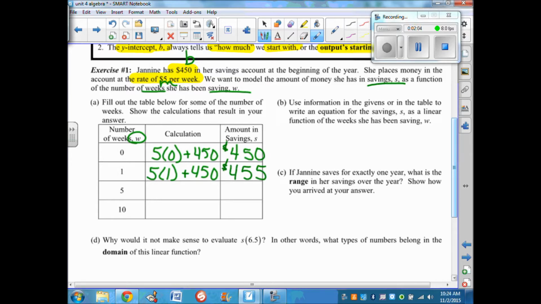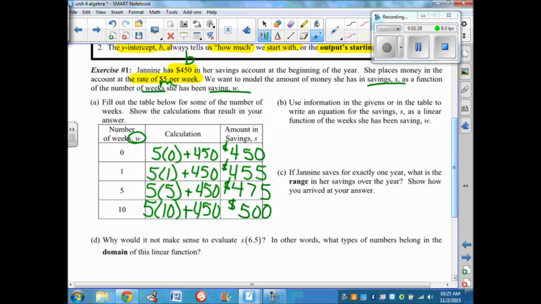Then they jump to week 5. Now she's added a total of $25 to her $450, and that gets her to $475. And then at week 10, she's added $50 to her already $450, and now she's at $500 at week 10.